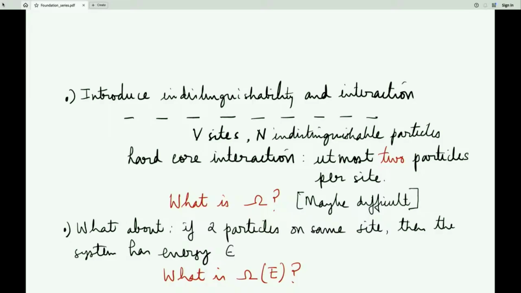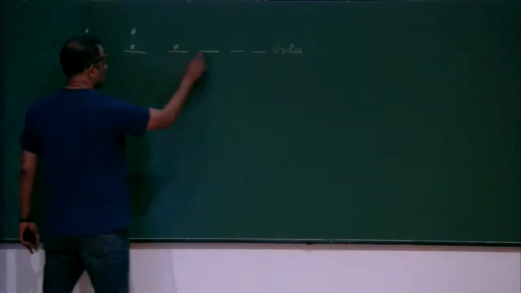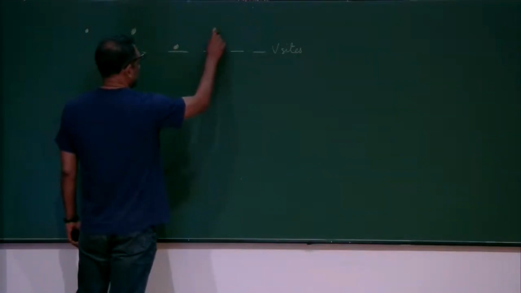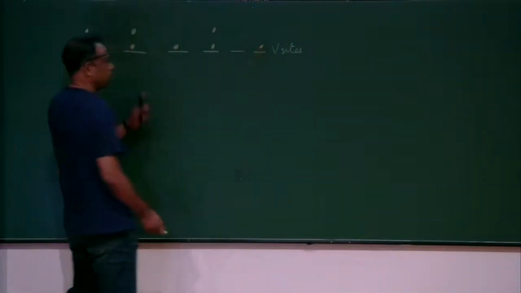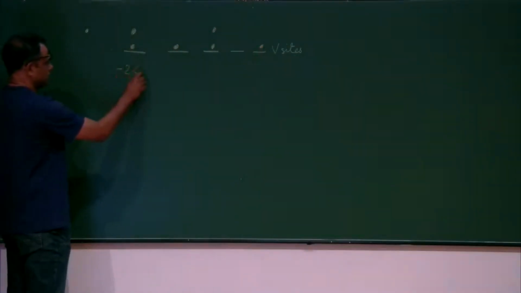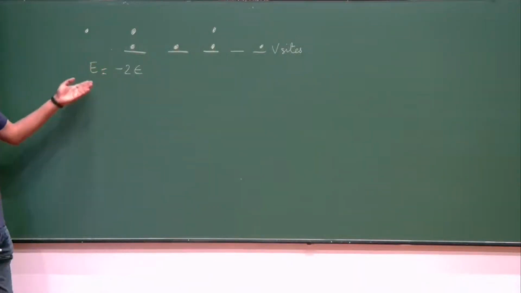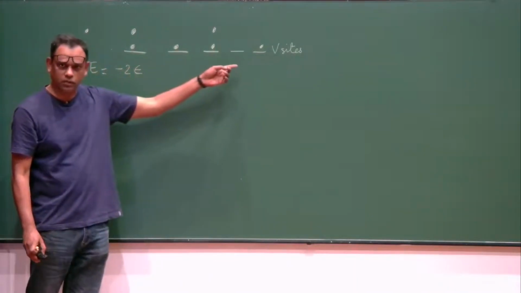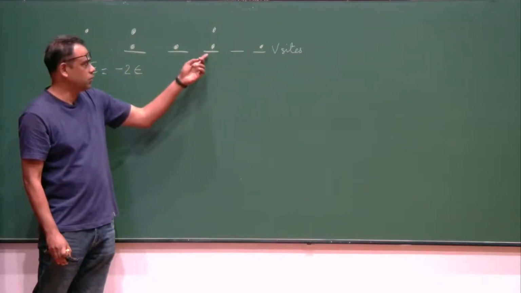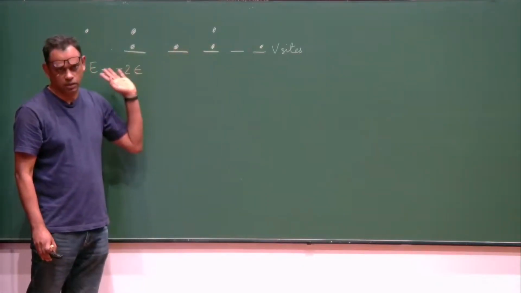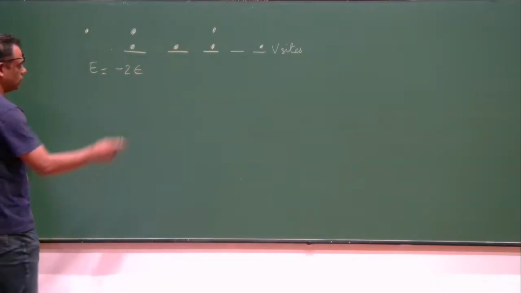So there are V sites. One microscopic configuration might look like this. And this is energy minus 2 epsilon. So if I want to ask what's the energy of a microscopic configuration, I just have to ask how many pairs there are on one site.